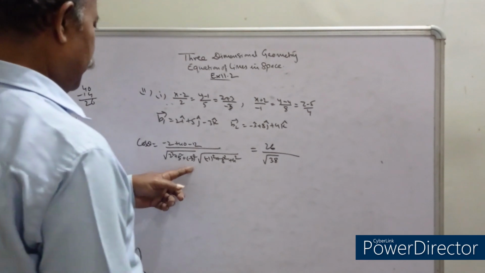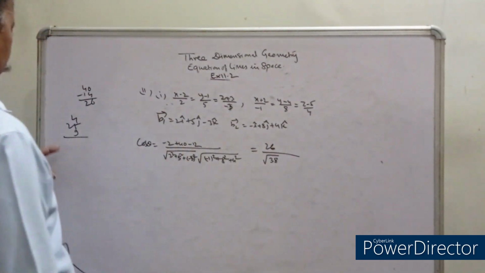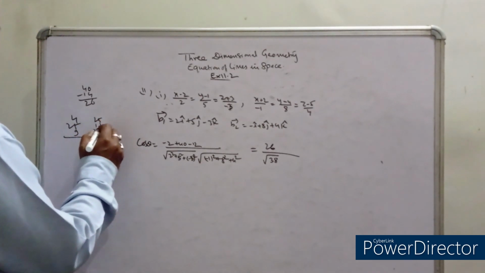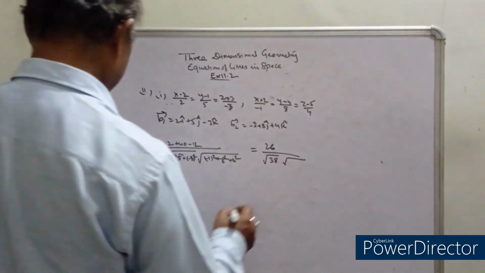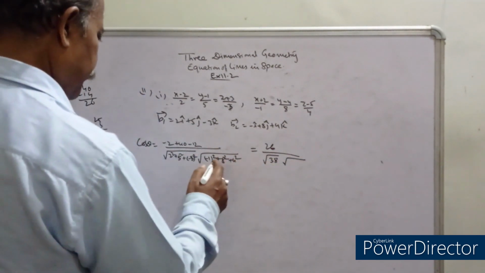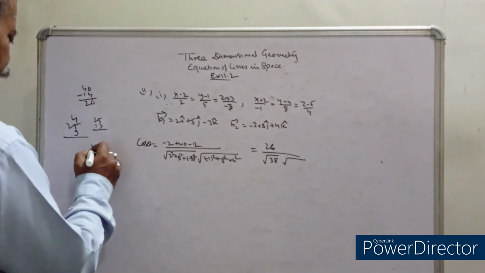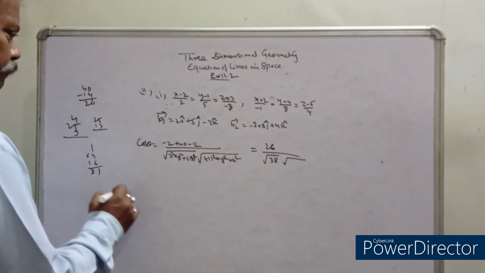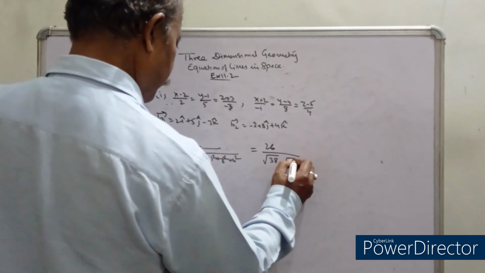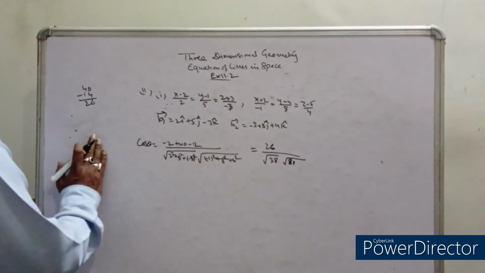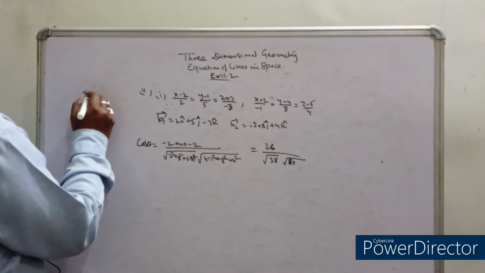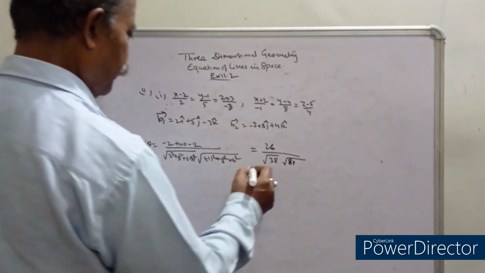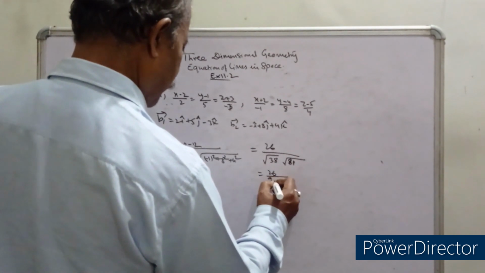And here 1 plus 64 plus 16 is 81, so root 81 is 9. So this will be 26 by 9 root 38.